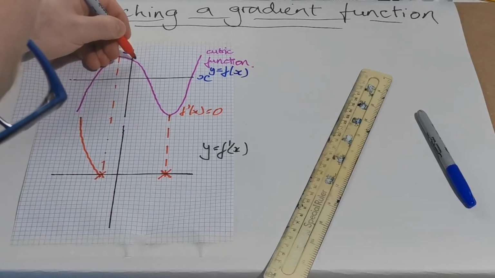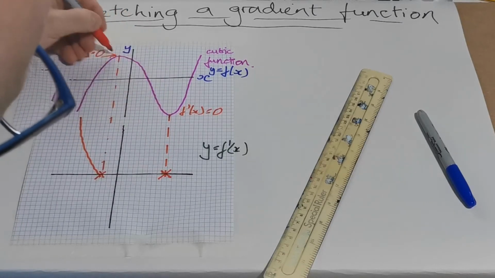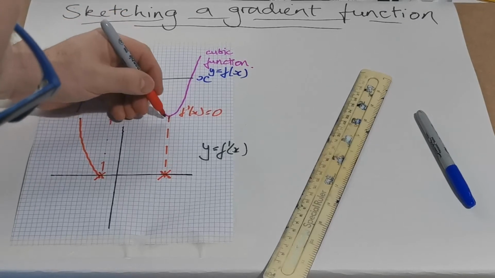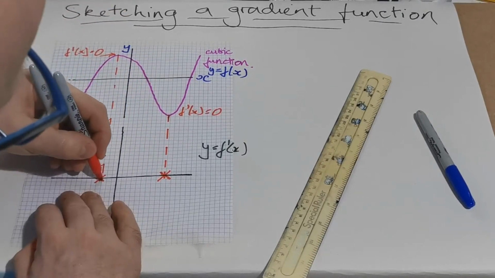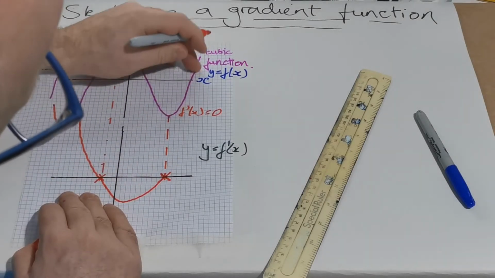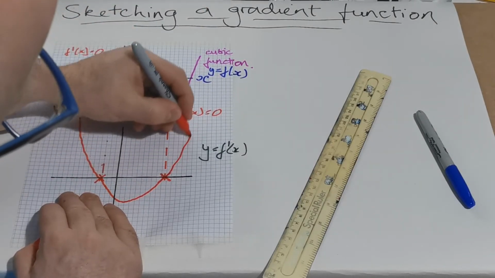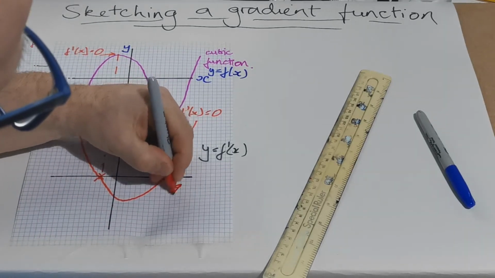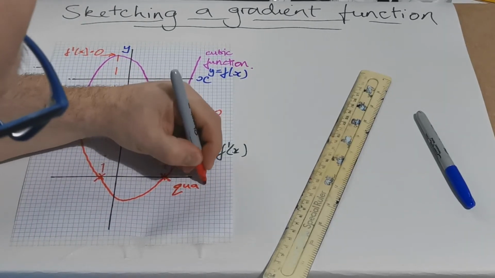So the gradient here is decreasing function, so the function's decreasing, so the gradient will be negative. And I think you can see there the function's increasing again, so it'll be positive. And that, as you would expect, that is a quadratic function.